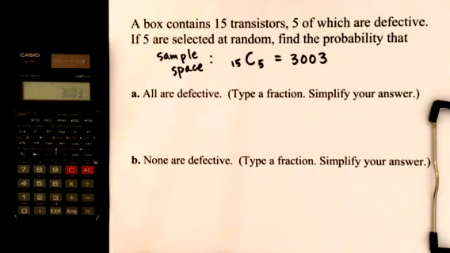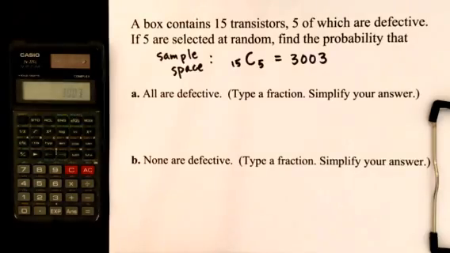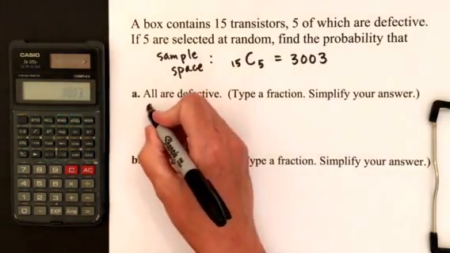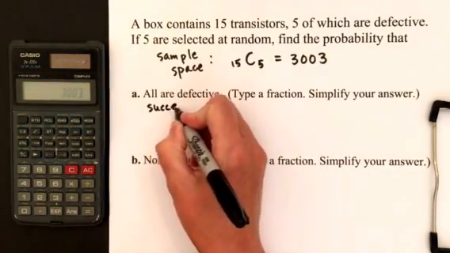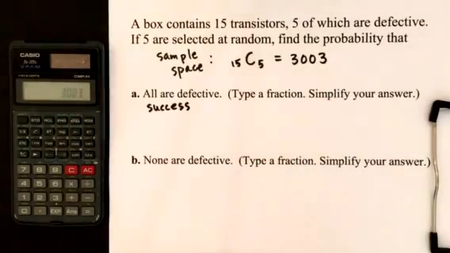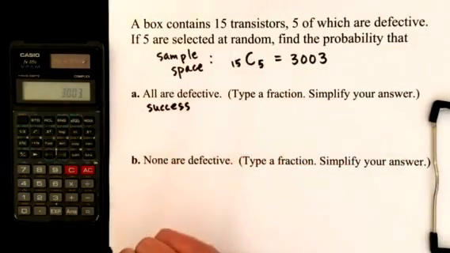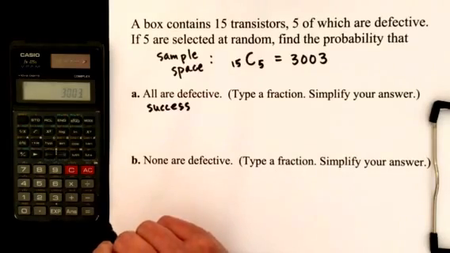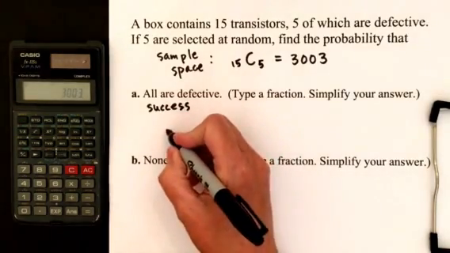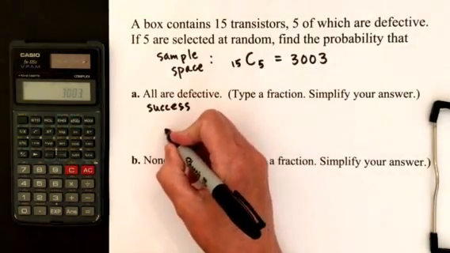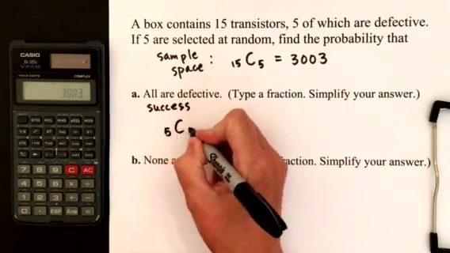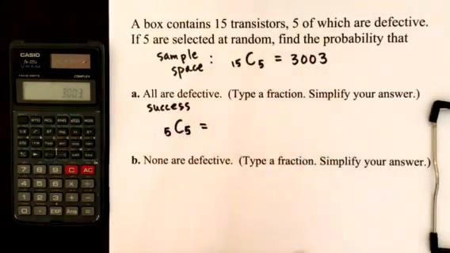Now for part A, find the probability that all are defective. So a success in this case would be that all are defective. Reading the problem again, 5 of them are defective, and I need to select 5. So a success would be 5 combination 5.